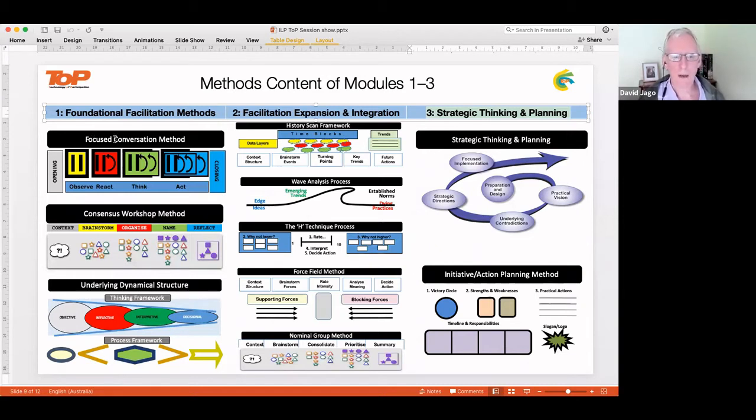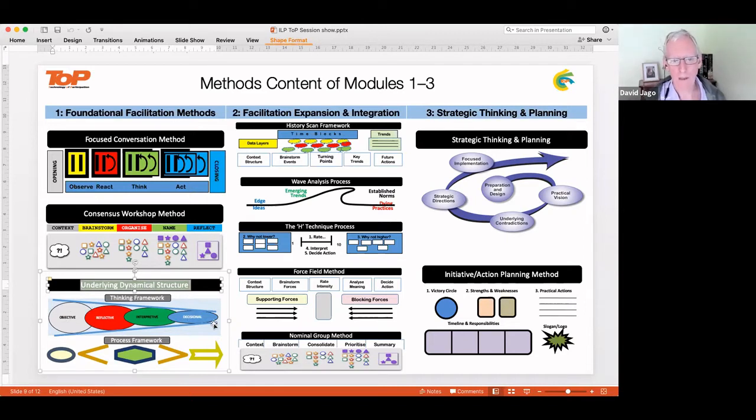What we're doing today is starting to work with the underlying structure, the ORID structure, which shows up in different ways.